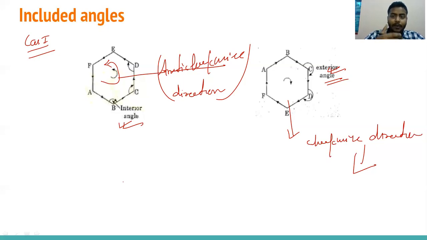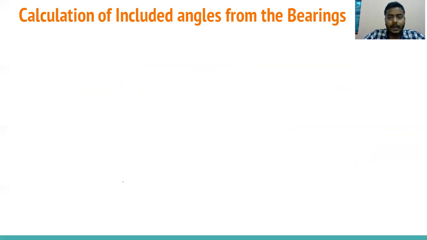By applying the formula or strategy that I'm going to discuss in the next slide, that will give us the interior angle or exterior angle. It depends on how the traverse is running, whether clockwise or anti-clockwise. Are you getting my point? Calculation of included angles from the bearings.